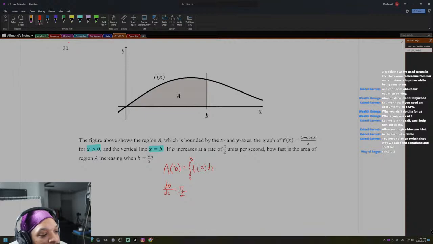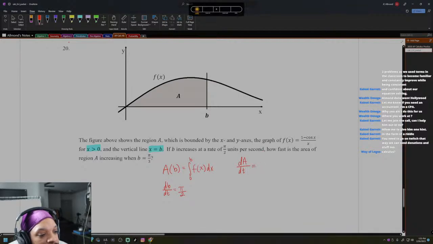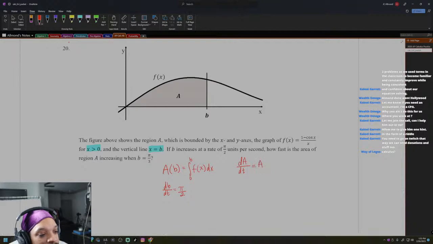And so they want to know how fast the area is increasing. db dt is just the rate at which b is changing as a function of time, because it says units per second. So they want to find dA dt, which we can write as A prime of t when b is equal to pi over 3.